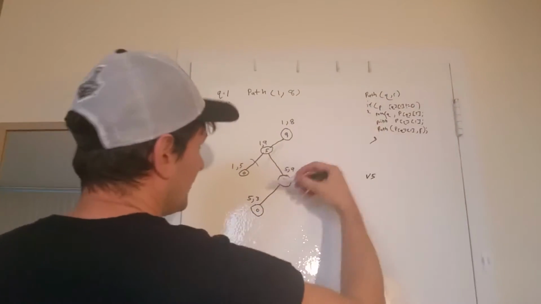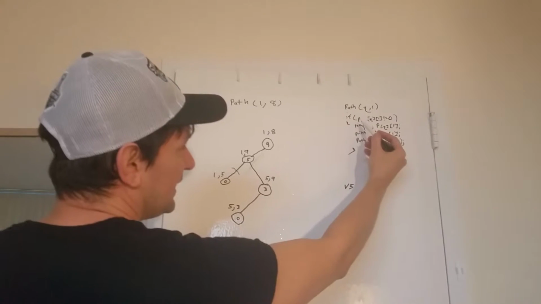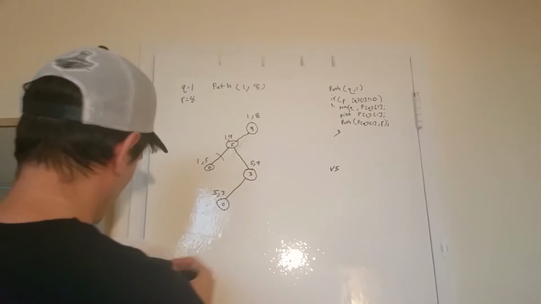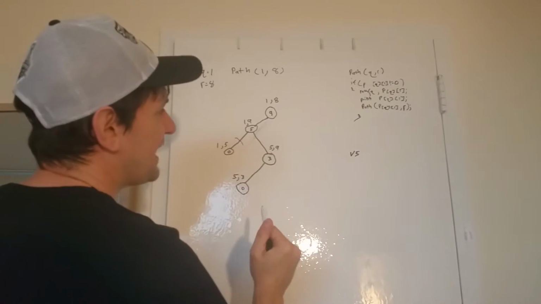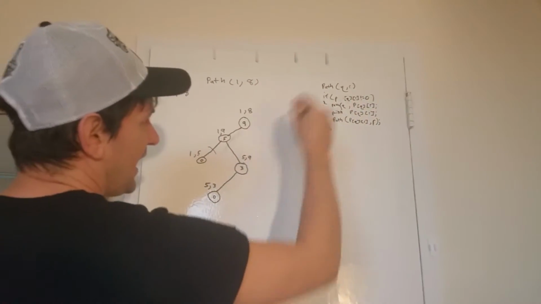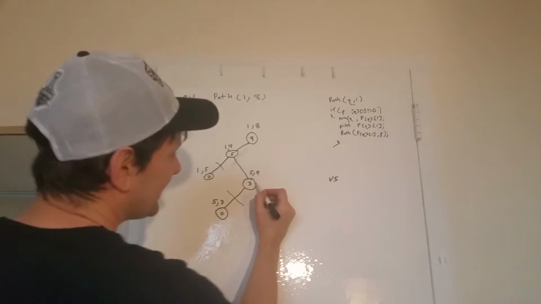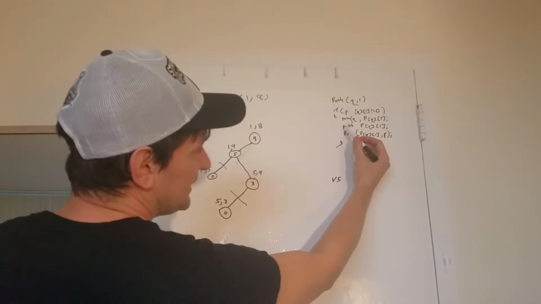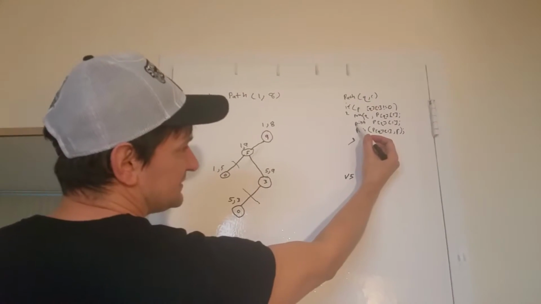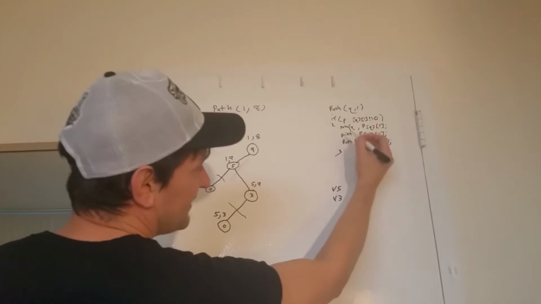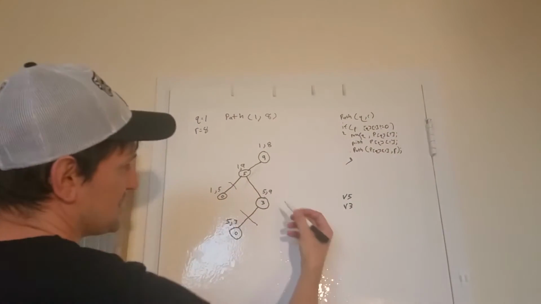So at path 5, 3, if P of 5, 3 is not equal to 0, well, it is equal to 0. So now I know I do nothing in this. I exit out, I go back to this where I had already called path 5, 3, and now I will do my print statement. I'm printing the value of 3 here, and then I'm going into my second recursion.